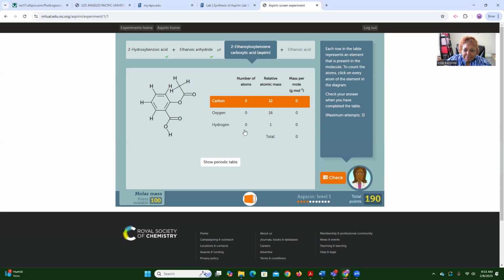Now, to get the number of atoms, it tells you that you're going to click on the atom and it's going to fill in here, and then automatically it's going to calculate the mass per mole and give you a total. When you're looking at carbon for these types of structures, if you have a crosshair like here, that's a carbon, okay?